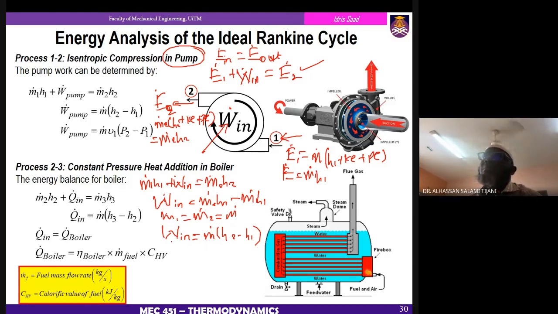Now, we have also noted that the work input to the pump can also be expressed in this form. We have also shown that already, so I will not go into such detail.